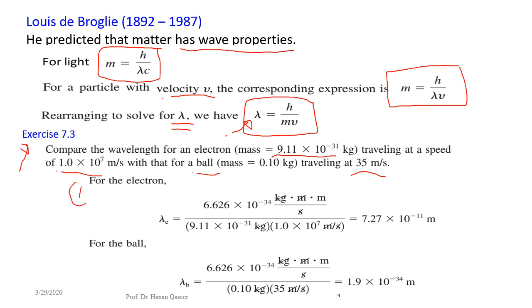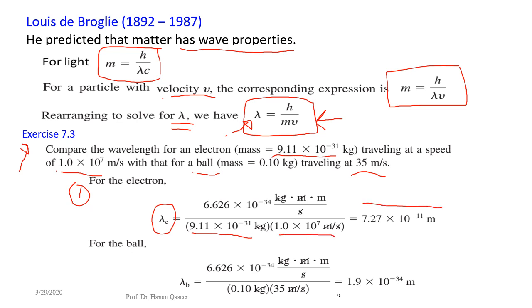First, for the electron, lambda de Broglie can be calculated by substituting in this equation Planck's constant divided by mass of electron and velocity of electron.